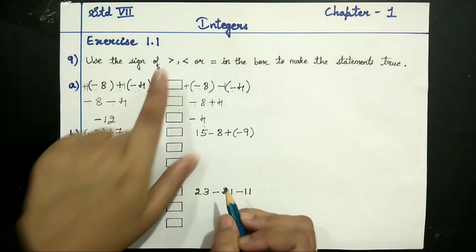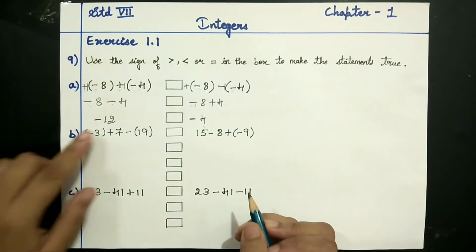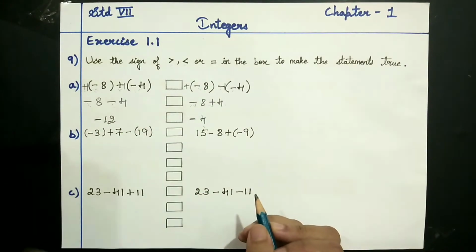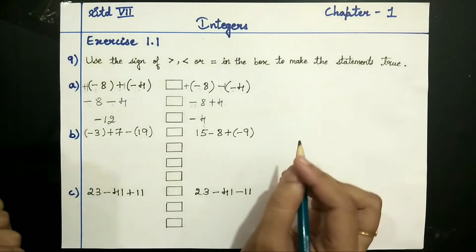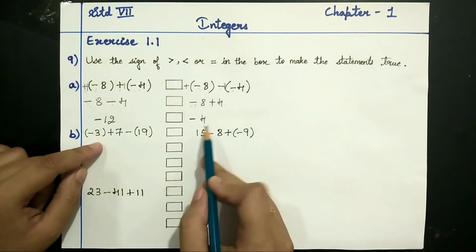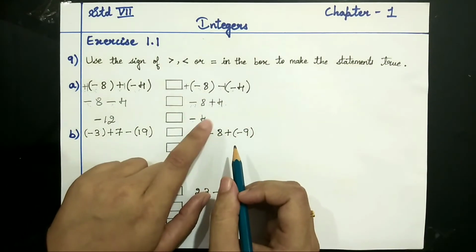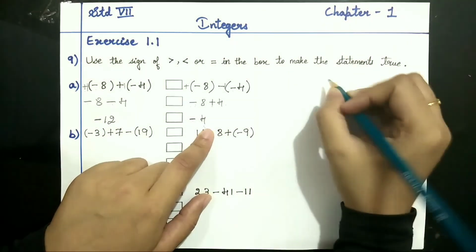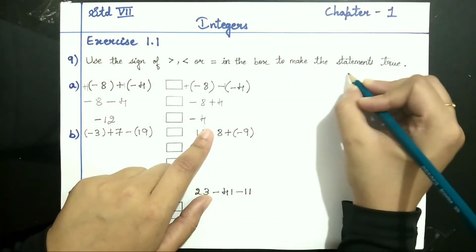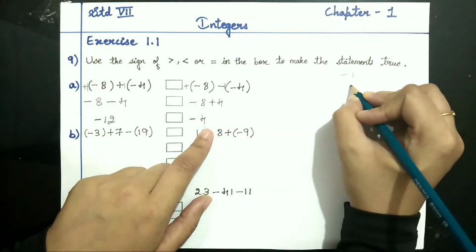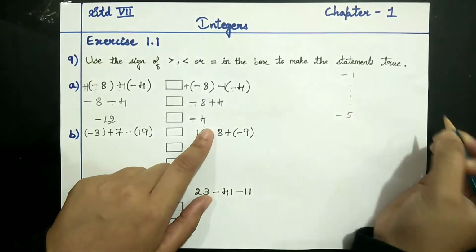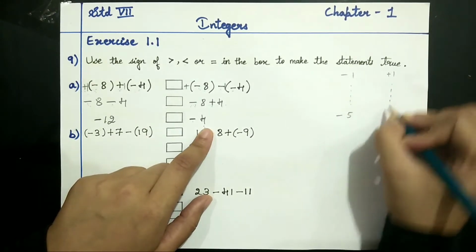Which sign will you put here? See which is greater, minus 12 or minus 4. Remember, in the introduction video I had shown you that the number which has a minus sign, if it is smaller, then its value will be greater. For example, let me tell you once again, if I write minus 1 to minus 5 and plus 1 to plus 5.